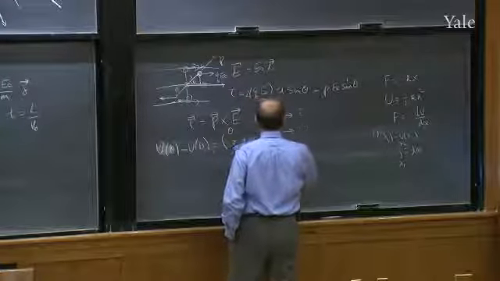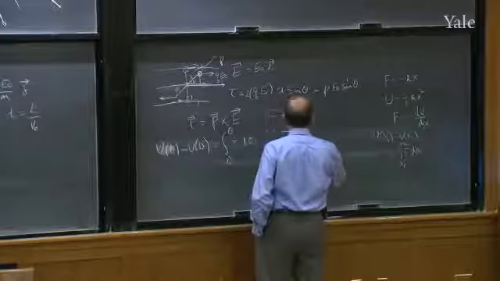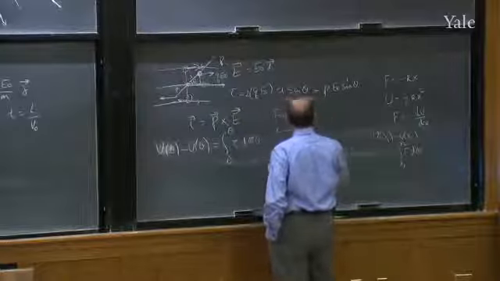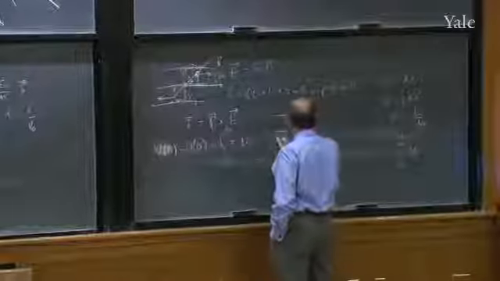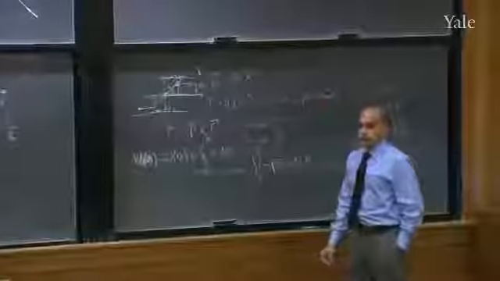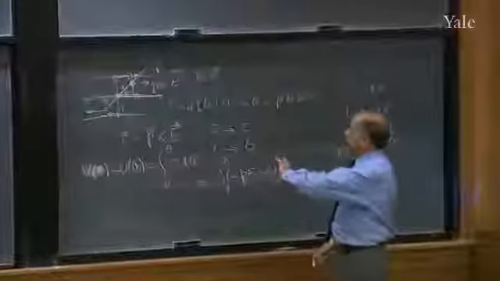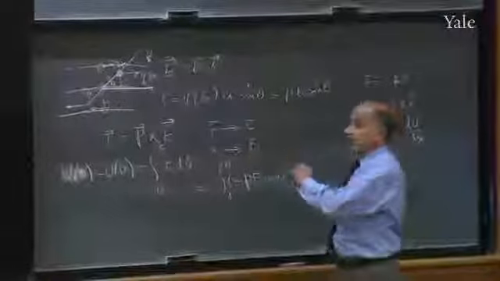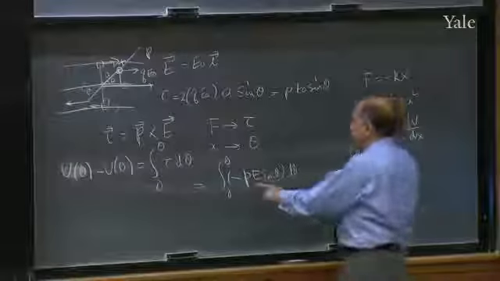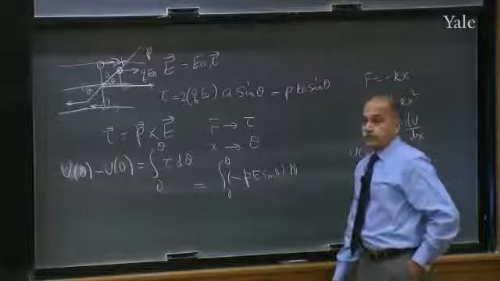The torque is minus pE sine theta d theta from 0 to theta. There's a minus sign because if theta tries to increase, the torque tries to decrease it. That's why it is a minus sign.